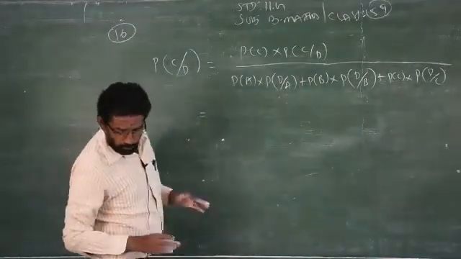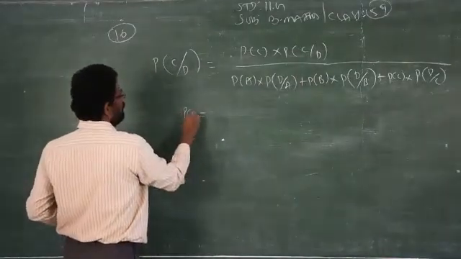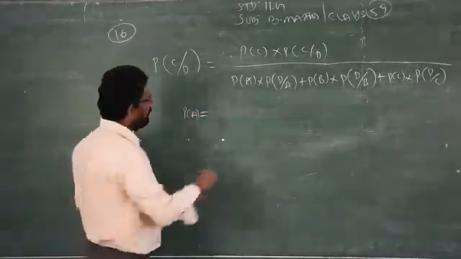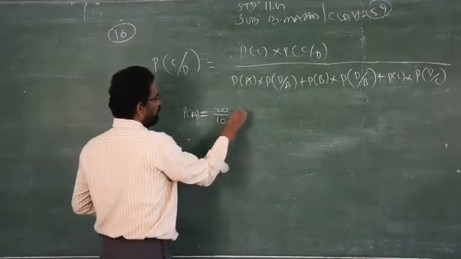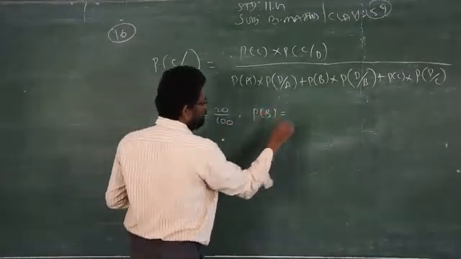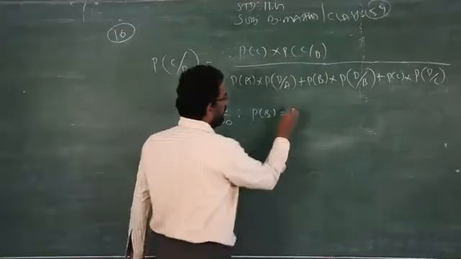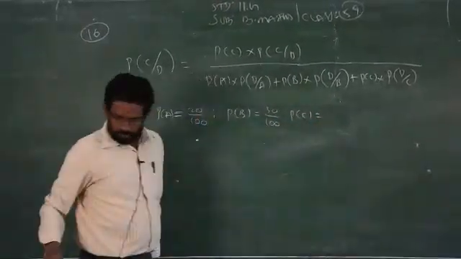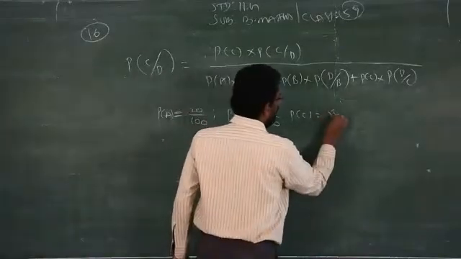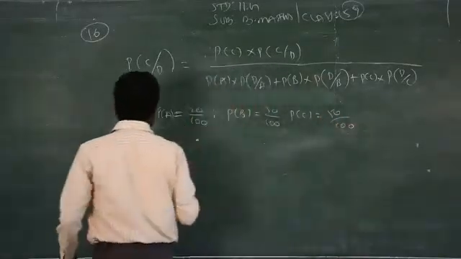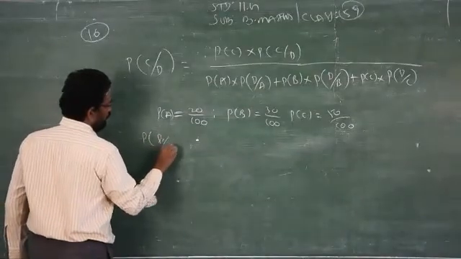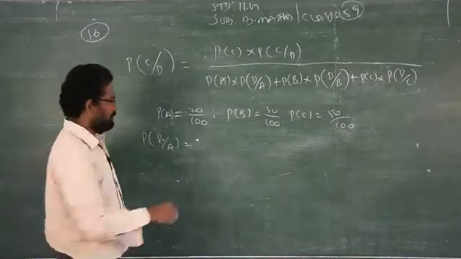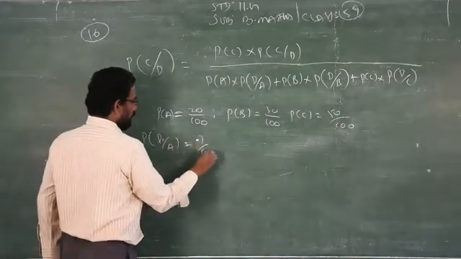Now you have to find out what is P of A. It is given already in terms of percentage. I told you percentage always stands for probability. So P of A is equal to 20 by 100, P of B stands for 30 by 100, and P of C is 50 by 100. Then the defective from A, it is given 7, don't write 7, it is 7%, 7 by 100.